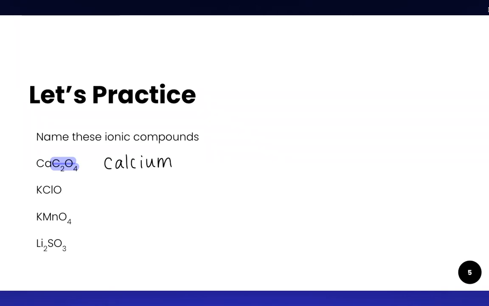And C2O4 is oxalate. Next we have potassium. Hypochlorite.